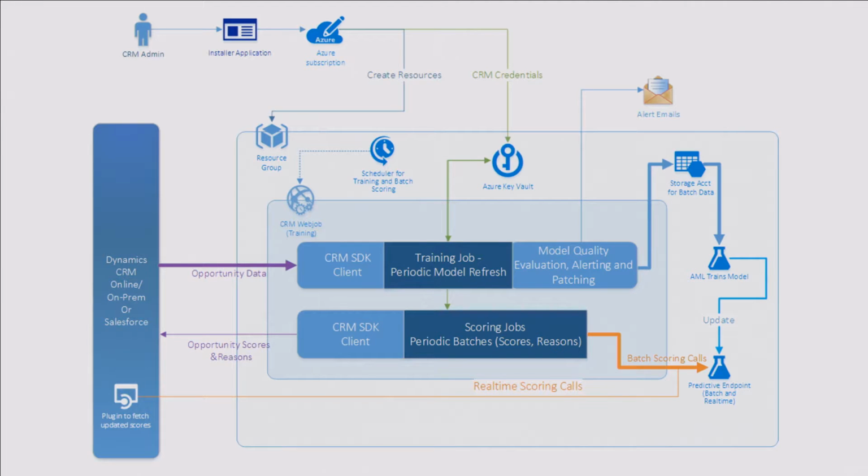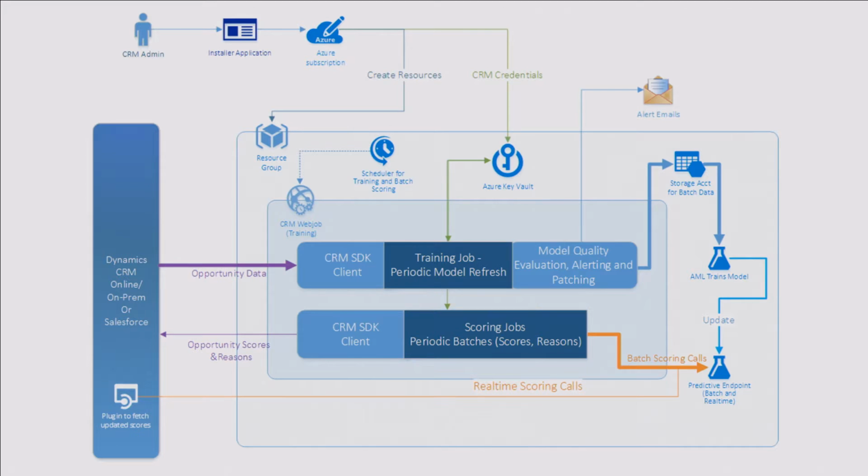Once that happens, one can pull data from CRM online. The opportunity data and other relevant data that is needed for doing the modeling is pulled. There is modeling that happens on the Azure side and the scoring that happens. And once that happens, then the data is pushed out back to CRM.